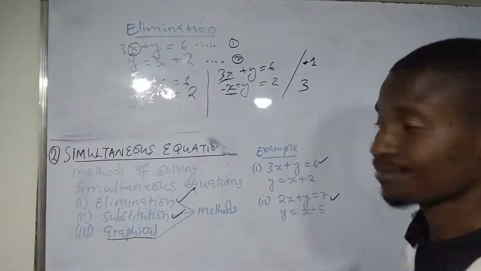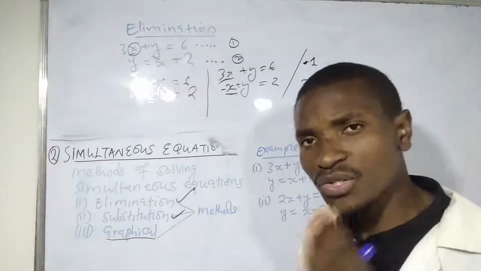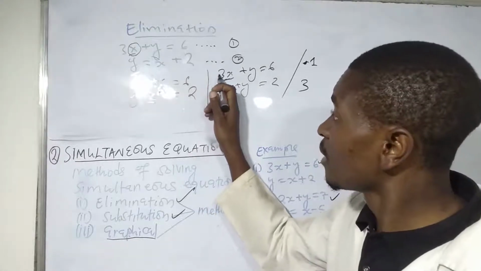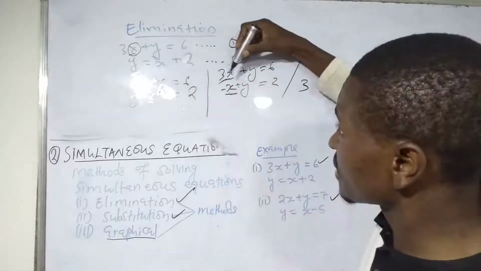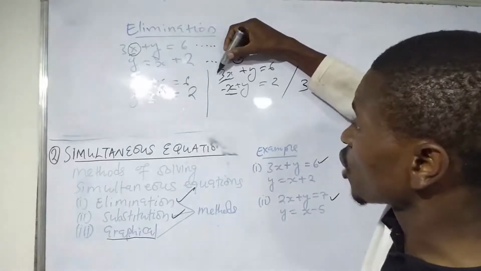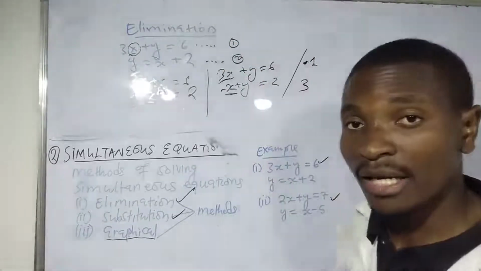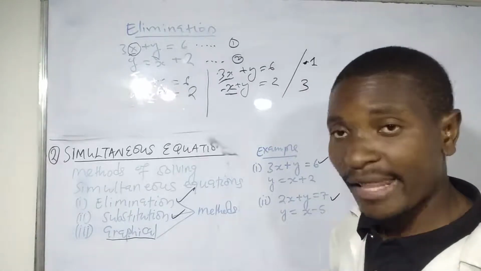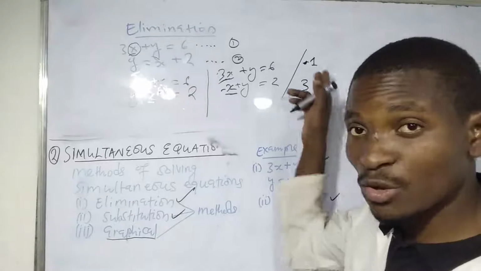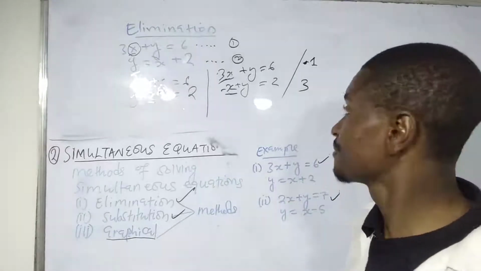And then ensure also that the sign of this coefficient of x is not the same as the one at the bottom. Otherwise, if they are the same, then we have to introduce the signs to one of these numbers.